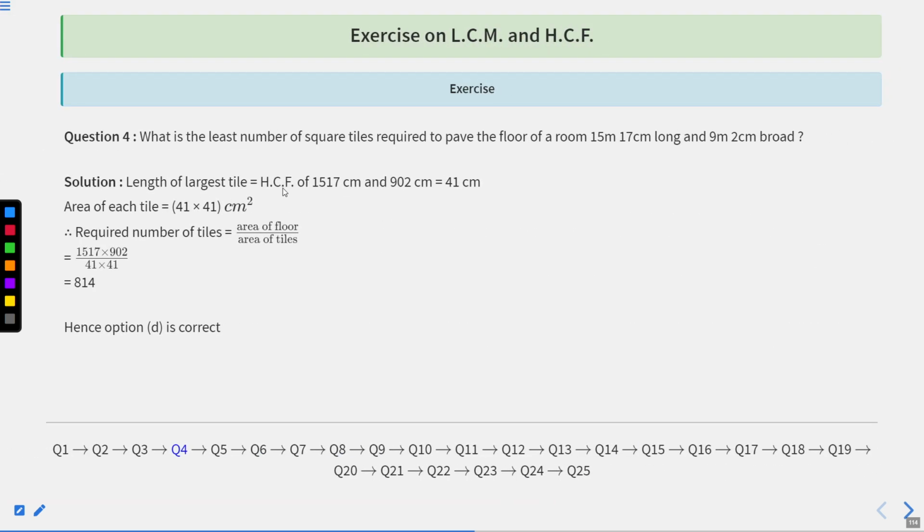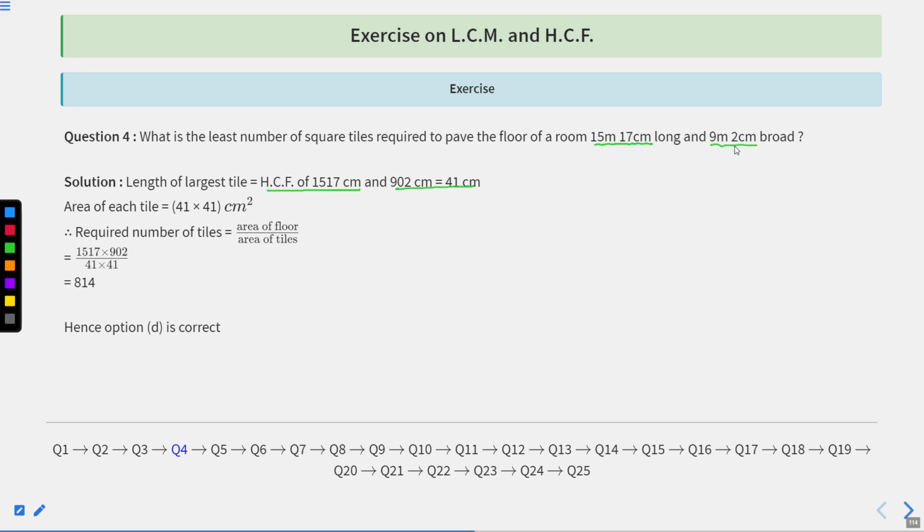So the length of the largest tile is equal to HCF of 1517 centimeter and 902 centimeter. So in this question, we have first of all converted this given length into centimeters and this length into centimeters.